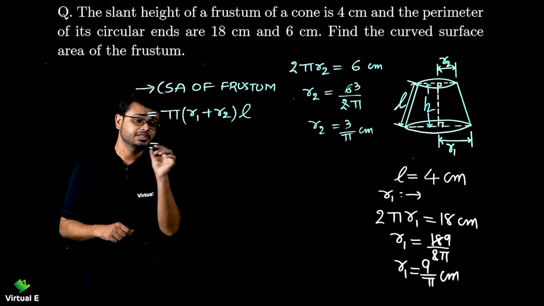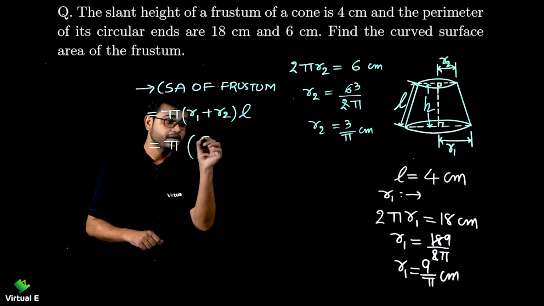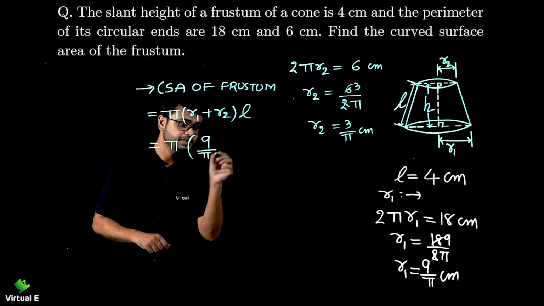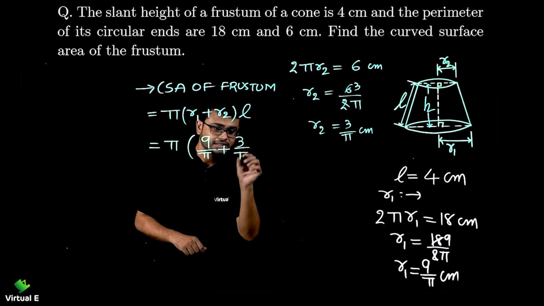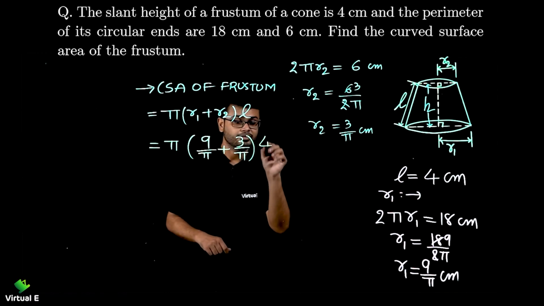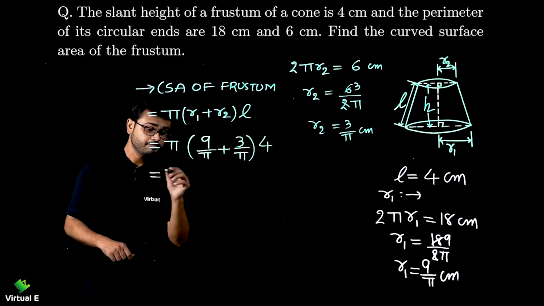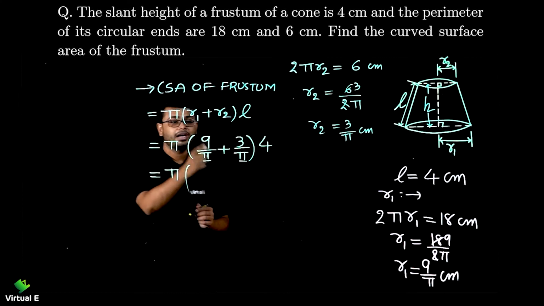Pi as it is. R1 is 9 by pi, plus R2 is 3 by pi, and the value of L is given, 4 centimeter. Done. Now see pi here, and the denominators are equal, so we can directly add 9 and 3, which gives you 12.